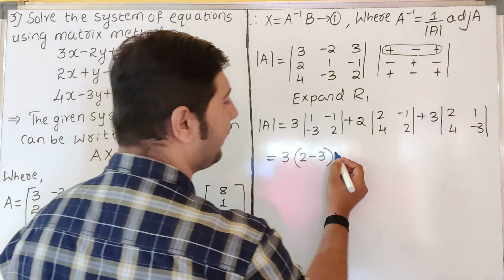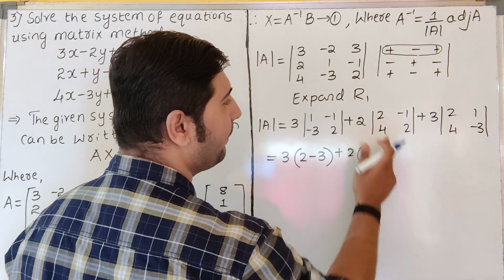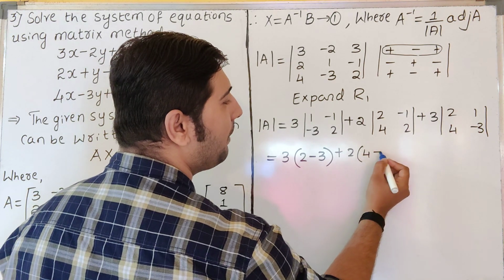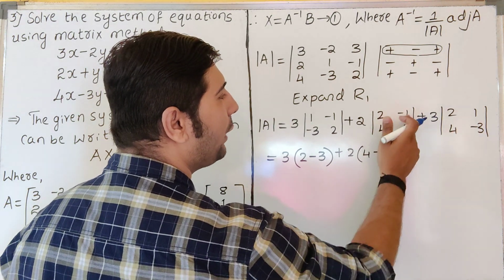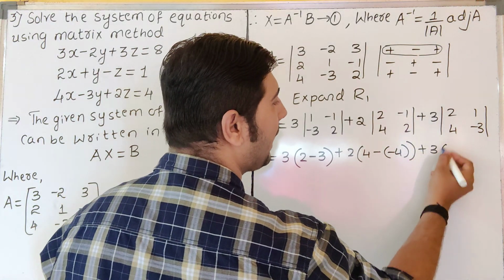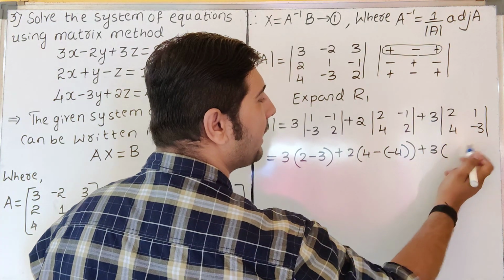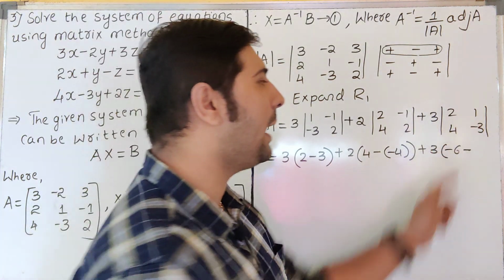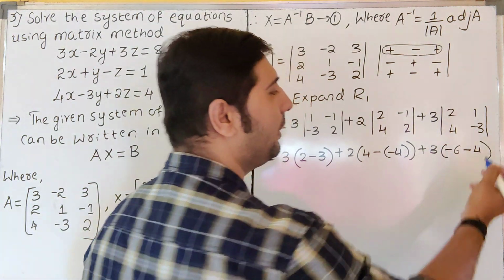Understood? Now plus 2 I will write as is: 2 times 2 is 4, minus 4 into minus 1 is minus 4. Then 3: 2 into minus 3 is minus 6, minus 4 times 1 is 4.